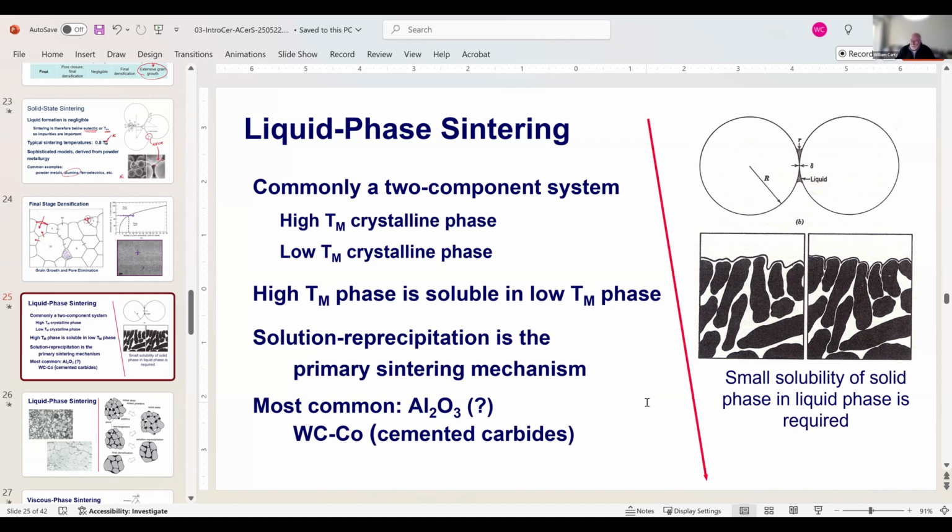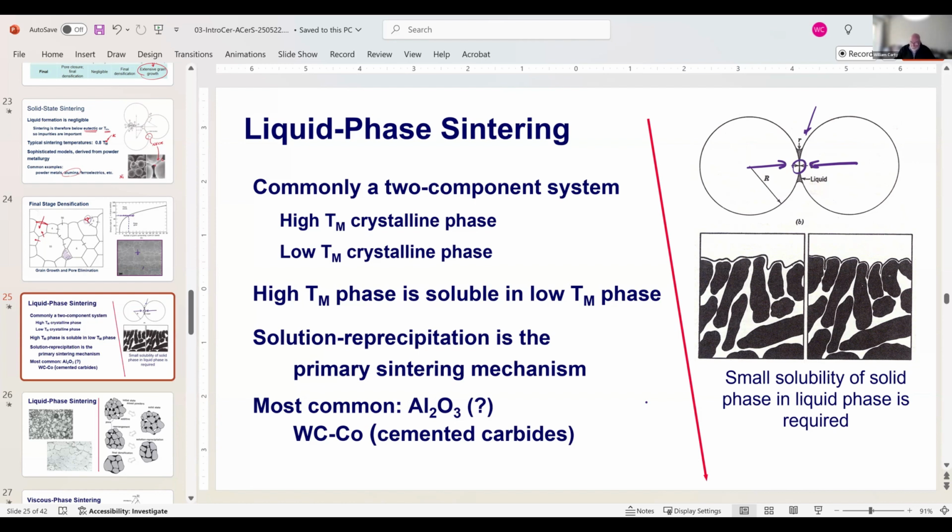There's some cool things that happen. For example, this meniscus here causes capillary forces that pull this particle and this particle closer together. And by doing so, they increase the pressure in this little area here, and that increases the dissolution of the high temperature material in that liquid. So it's a really elegant system in the way it works.